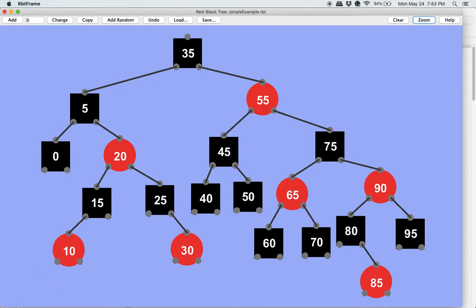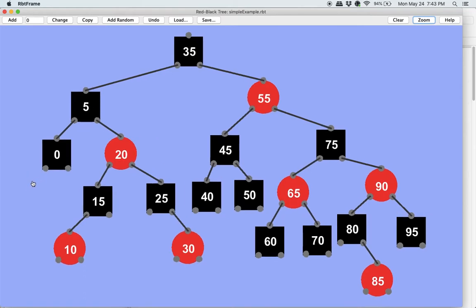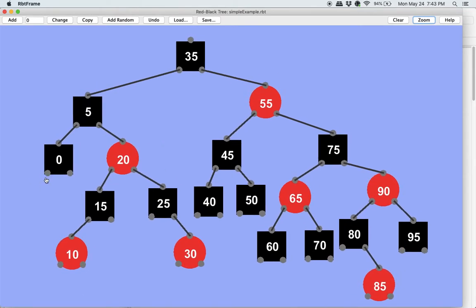No matter where we start, we have a number of nulls here. These little gray circles at the bottom are nulls. If I start at this gray circle and start counting black nodes up to the root, 1, 2, 3. If I start at this gray circle right here and count black nodes up to the root, 1, 2, 3.